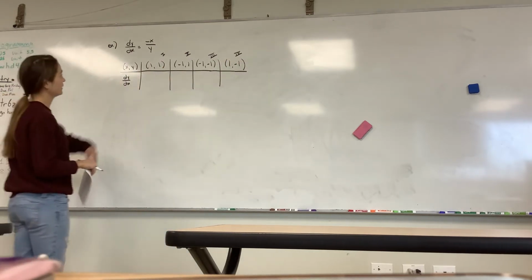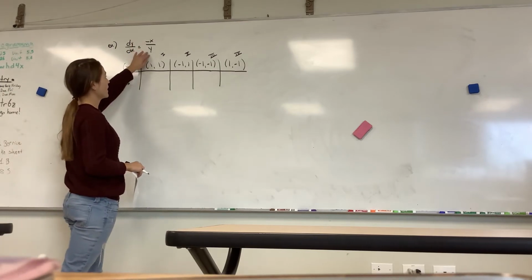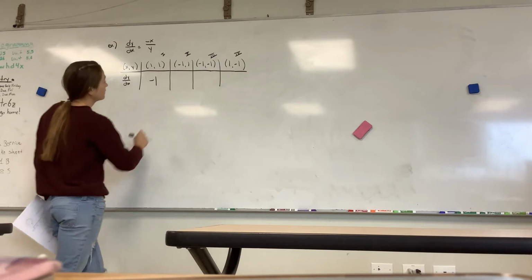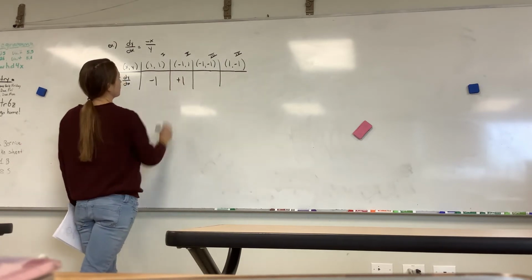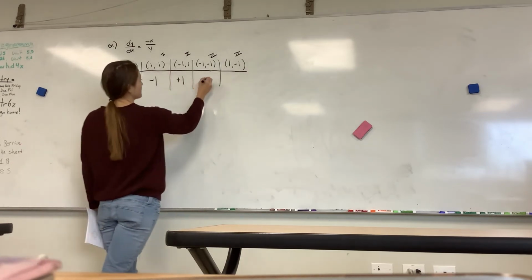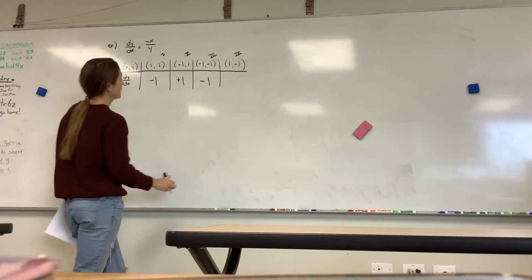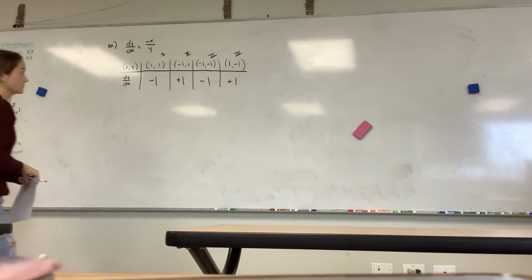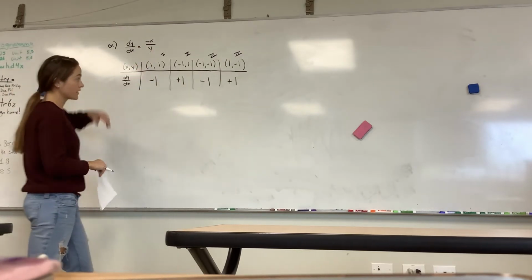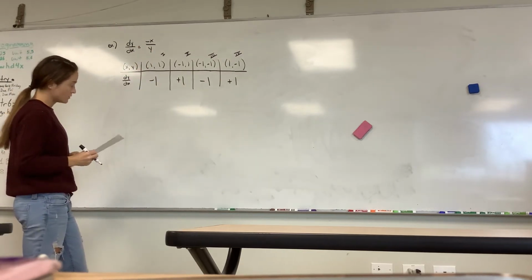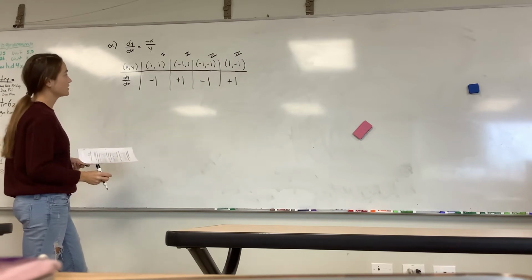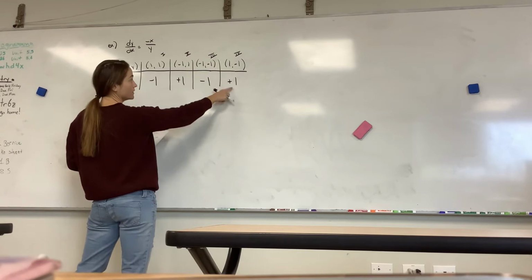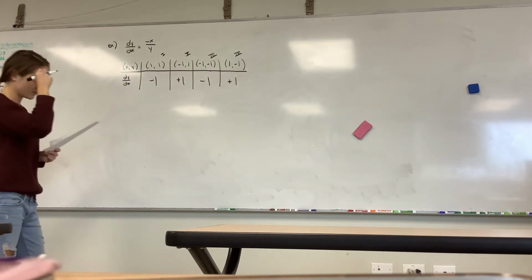So if we plug in 1 for both x and y here, we end up with a negative 1. Here, we'd end up with a positive 1. Here, we end up with a negative 1. And here, we end up with a positive 1. Simply plugging these points in there. So if we look at this, we can see that dy/dx is positive in quadrants 2 and 4, but negative in quadrants 1 and 3.